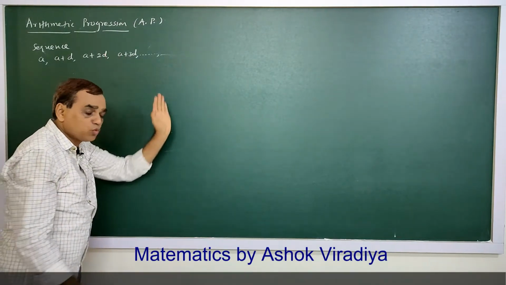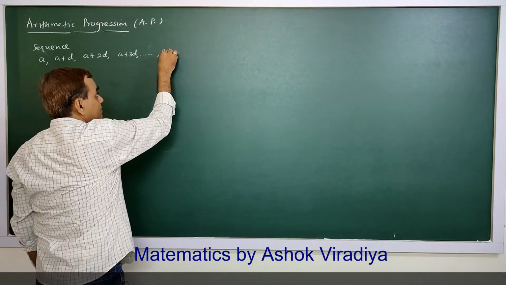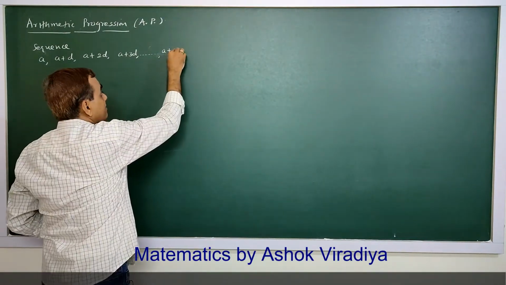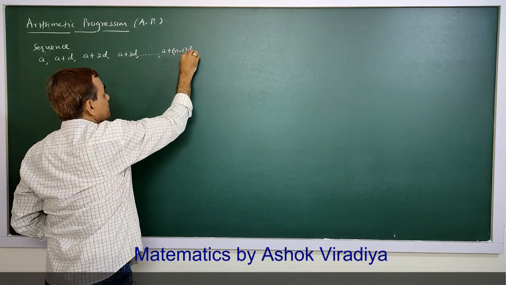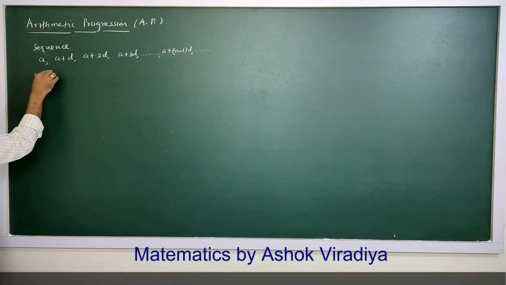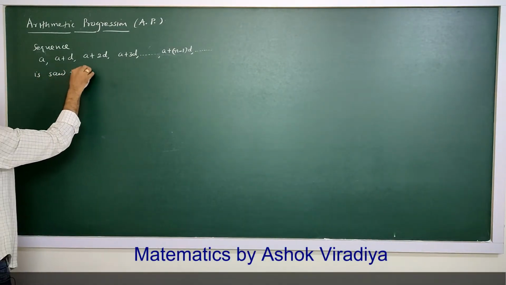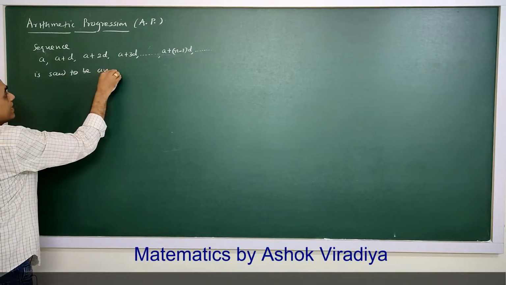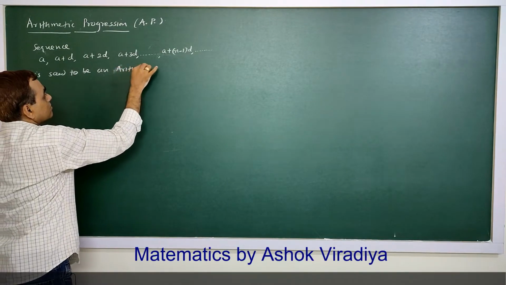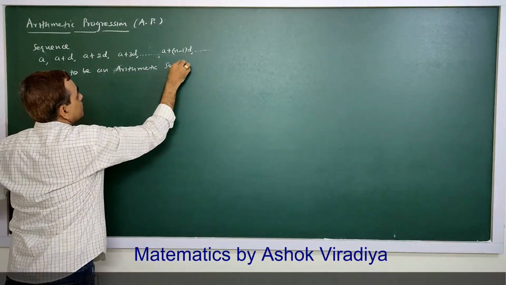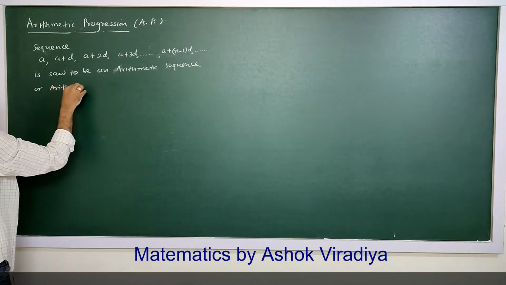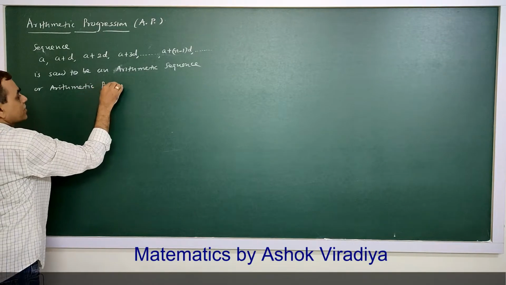So continuing this procedure, in nth term we are adding 1 less d, 1 less time d, that is n minus 1 times d. So this sequence is said to be an arithmetic sequence or arithmetic progression.